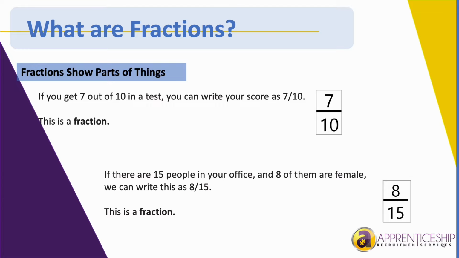If there are 15 people in the office and 8 of them are female, that's 8 over 15. All fractions, if you add up all the parts, should add up to the denominator. So if there are 8 out of 15 female, the rest of the fraction left would be 7 over 15.